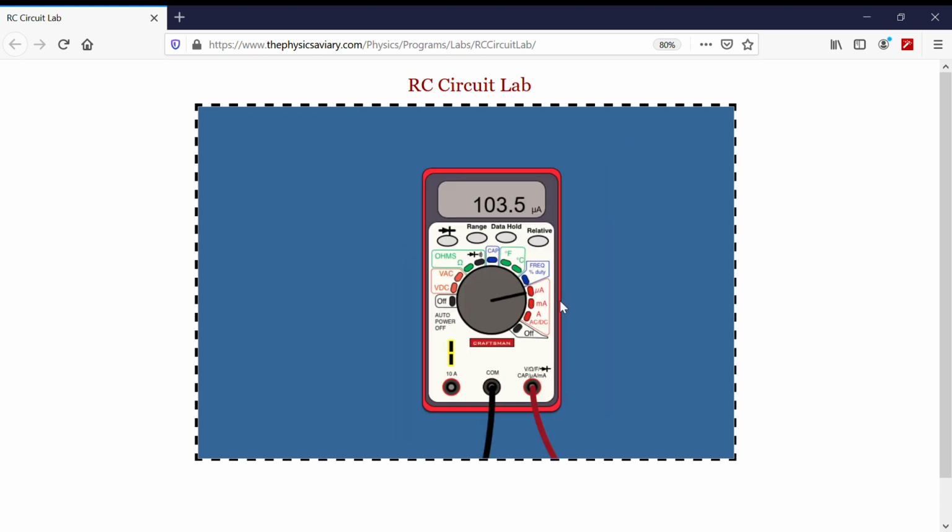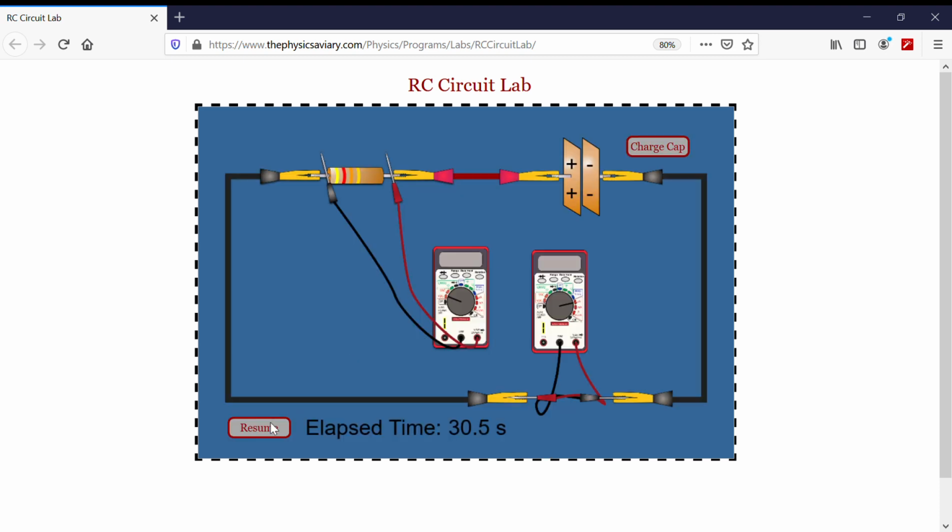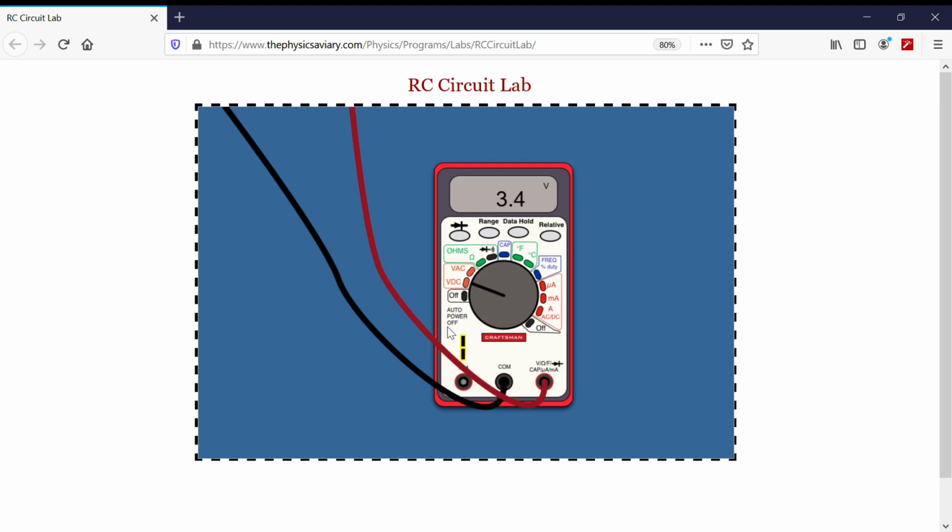Current is 103.5 microamperes. Okay, let's keep going and stop at 40 seconds. The voltage is 3.4 volts.